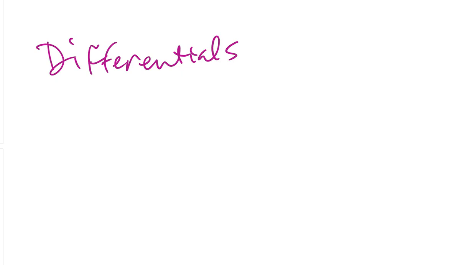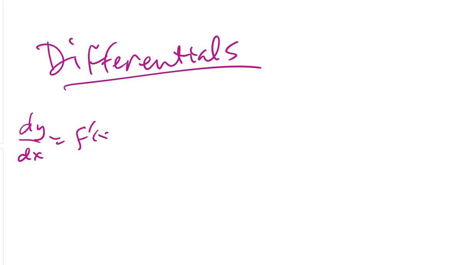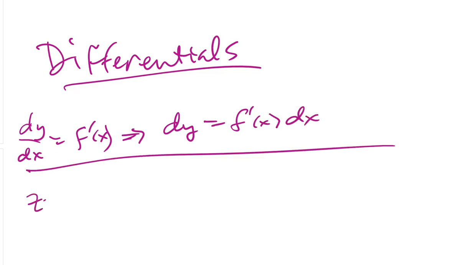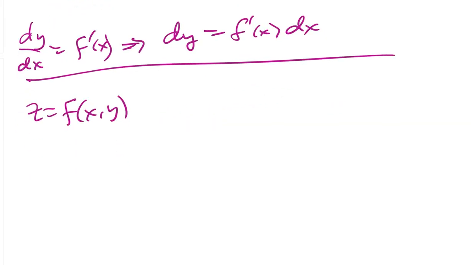So if you remember, we have dy over dx equals f prime of x, and so this led to dy equals f prime of x dx. Okay, so now in 3D you have z equals f of x, y, so it's a surface now instead of just a curve. So I'm going to write the same thing I wrote up there, but in terms of z.